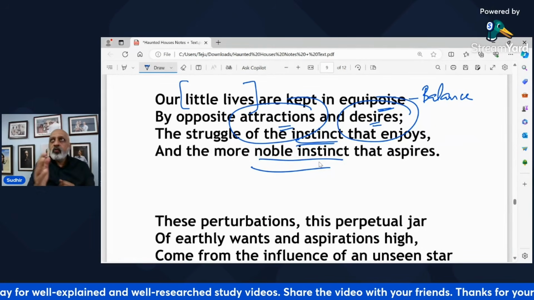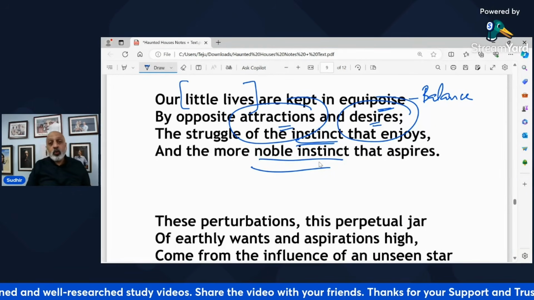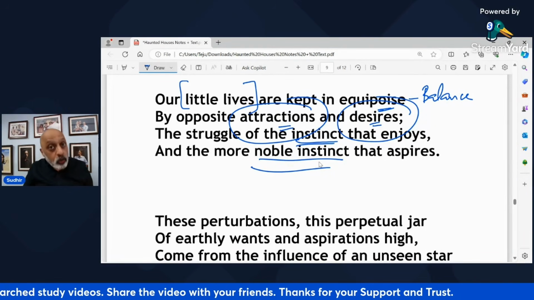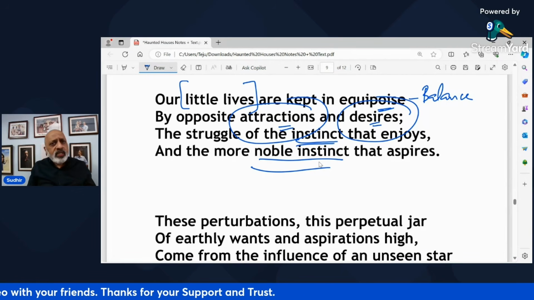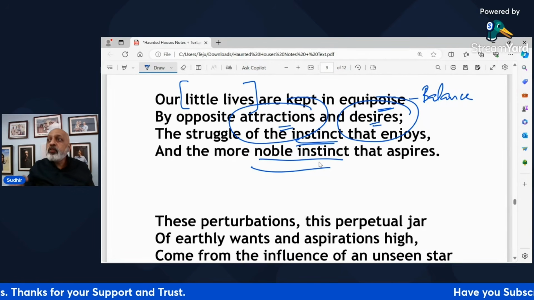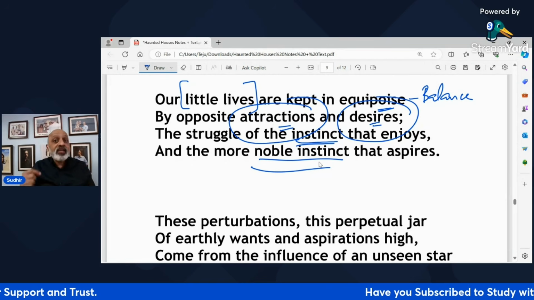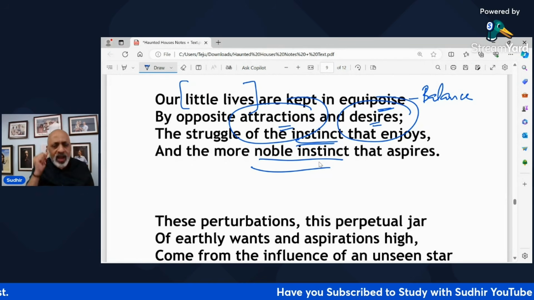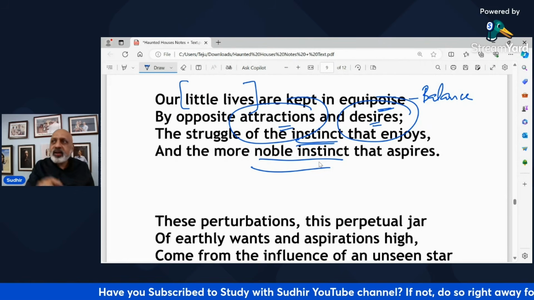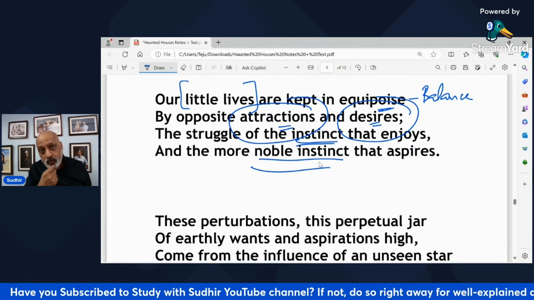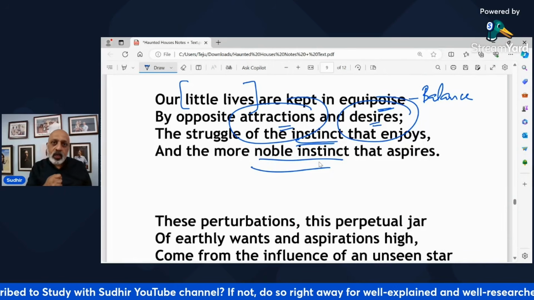Now, for example, one of the candidates who has got into the UPSC of 2023 was a police constable. He was insulted and humiliated by his circle inspector, and he thought, I am not going to do this. So he appeared for the UPSC, cracked it, and now he's going to be an income tax officer. That's what counts.